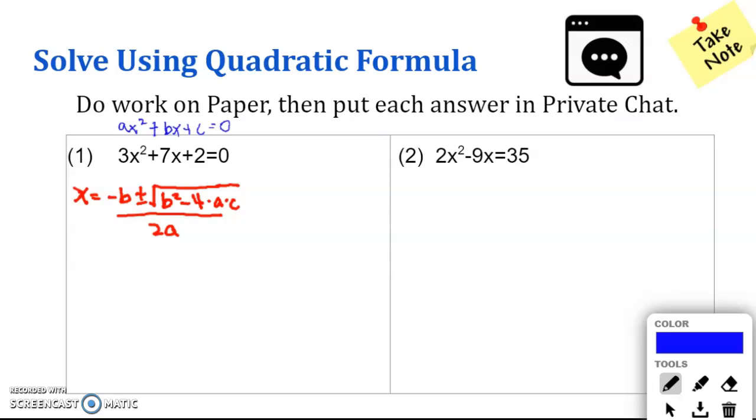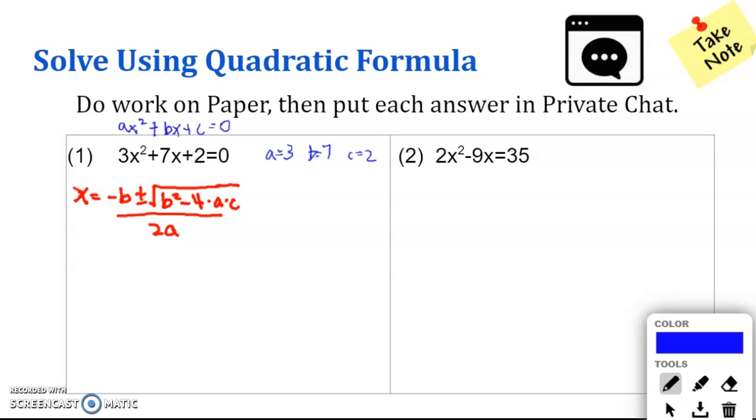You do not write the x squared. It's just the coefficient that is being multiplied to x squared. So a in this case is 3. What is b? b is positive 7. That's the term that's being multiplied to x. And c is positive 2.